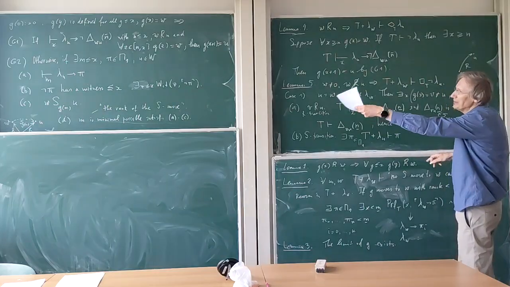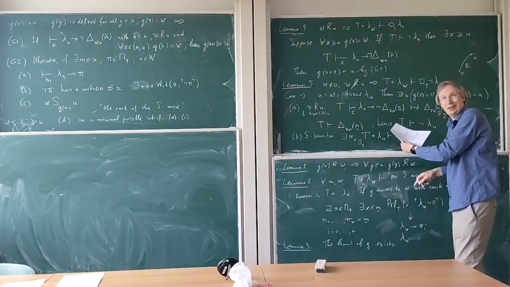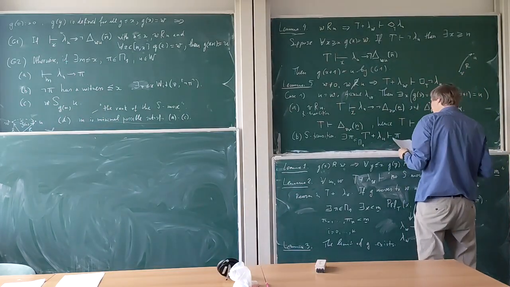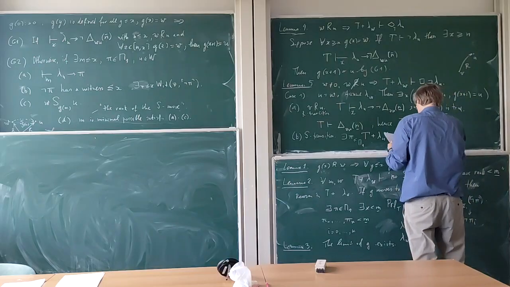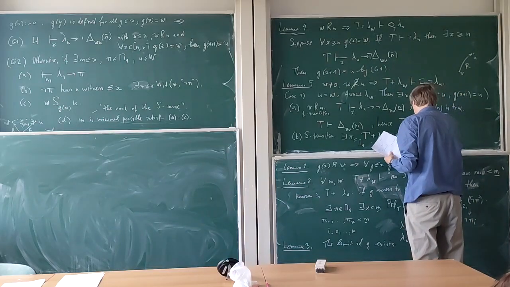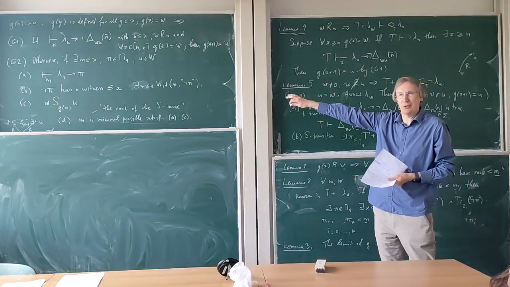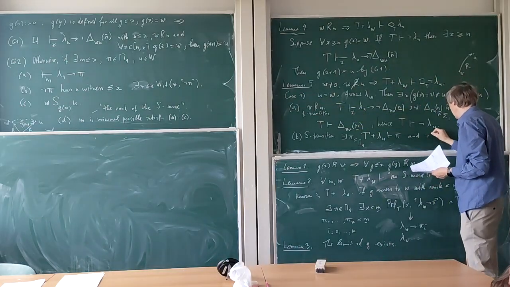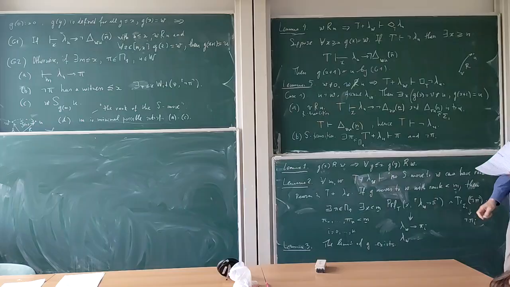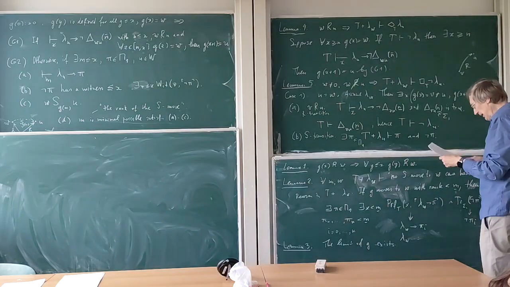I'm not writing all the conditions, just those needed here. So T plus lambda U proves pi, and it is witnessed before x. That means that in fact pi is false.